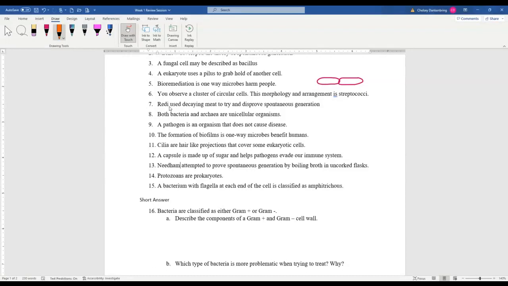If you say eukaryote, you've eliminated 4. You've eliminated bacteria and archaea, but you've also eliminated viruses and prions because viruses and prions are not considered to be alive. So we only consider living things as either prokaryotes or eukaryotes, okay?